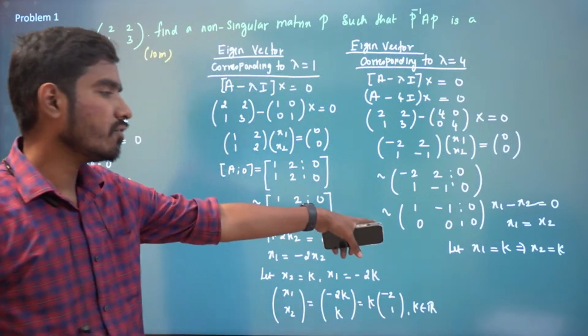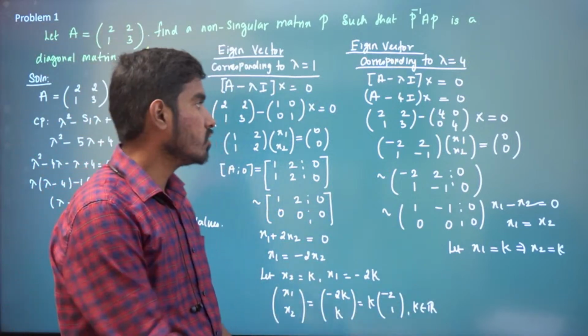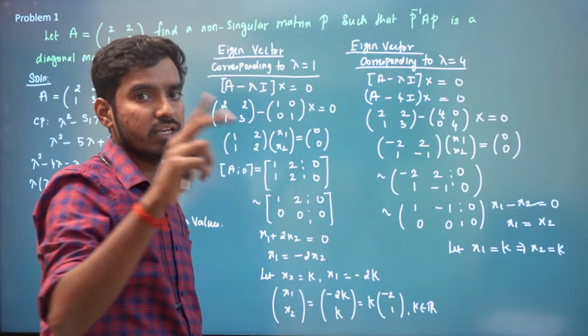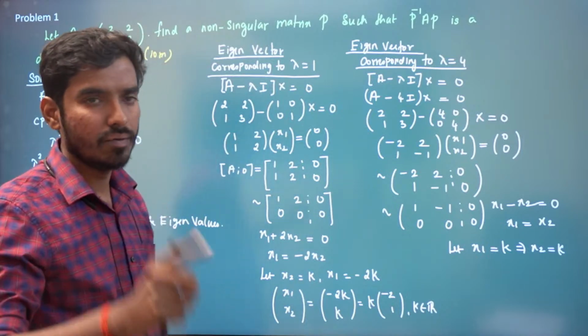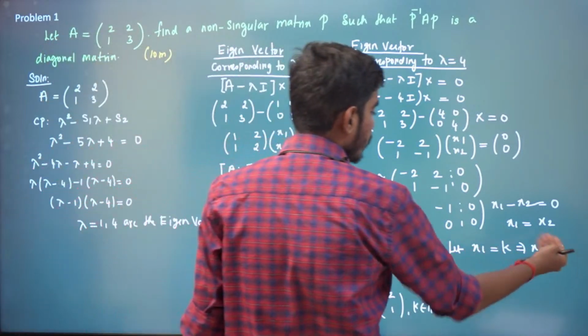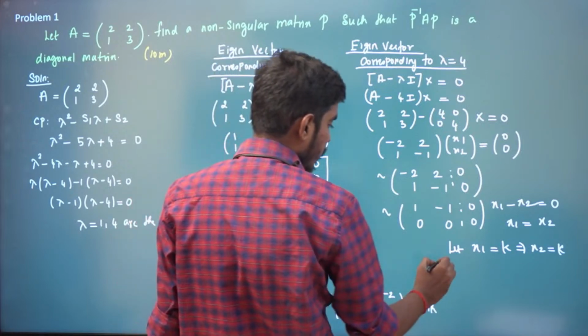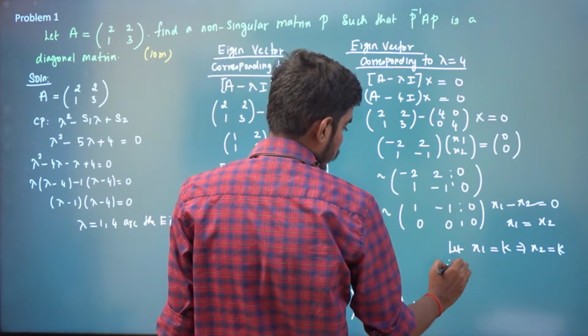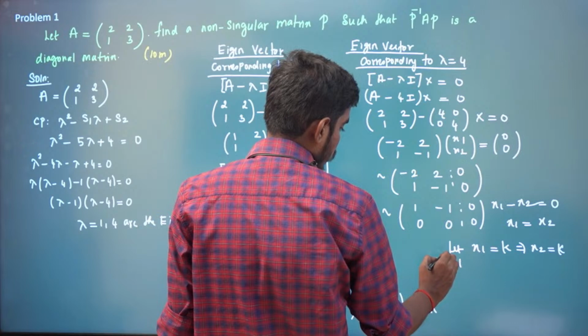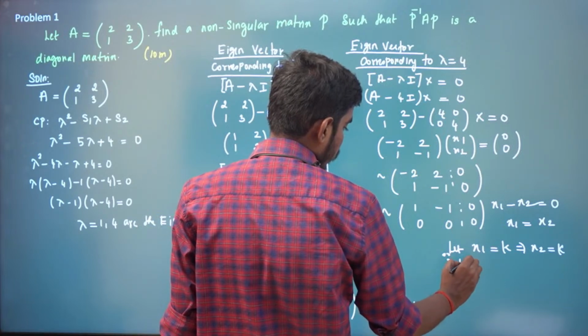So the number of free variables is n minus rank of A. So n is 2 here because x1, x2 are two variables, and rank is 1. So one free variable. You assume x1 to be k. This implies x2 is equal to k, since one free variable.